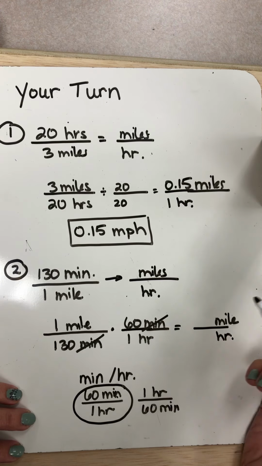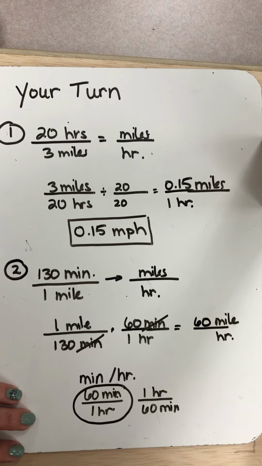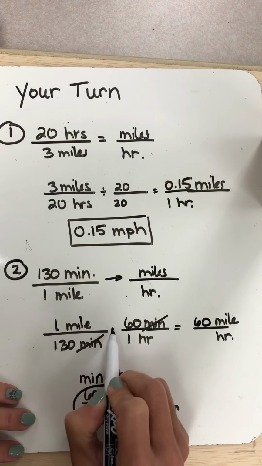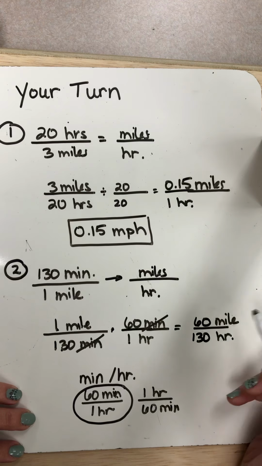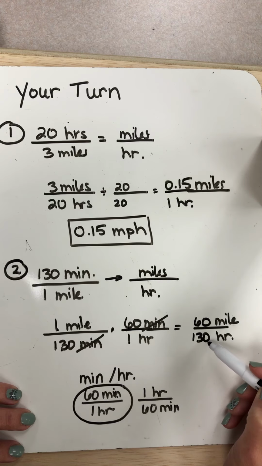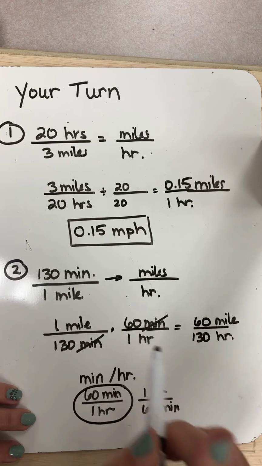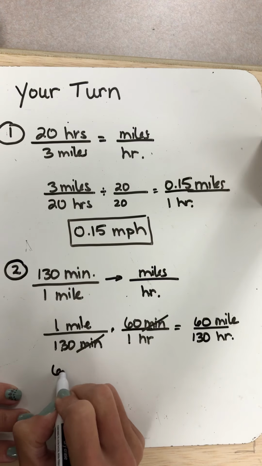Now let's go ahead and do the numbers. 1 times 60 is 60. 130 times 1 is 130. So I'm left with 60 miles in 130 hours. Well, I don't want 130 hours. I want 1 hour. So I'm going to rewrite this down here.